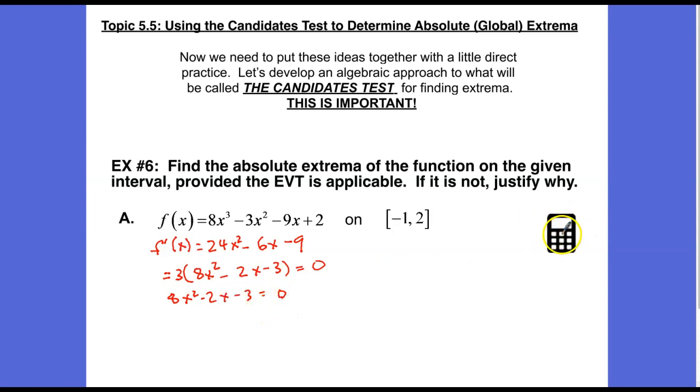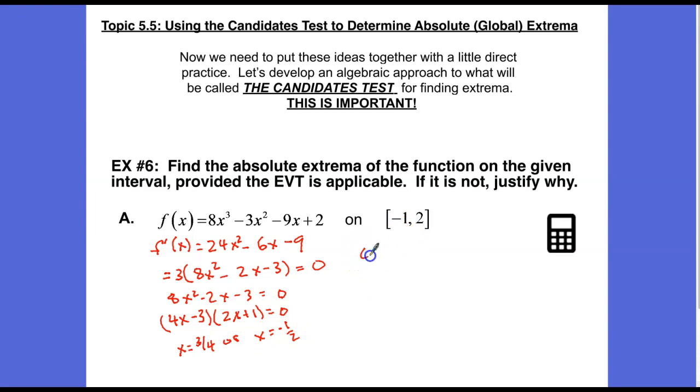This is a calculator problem, so you could find these roots on your calculator, or you could factor it using the AC method. If you factor it by hand, we end up with 4x minus 3 times 2x plus 1 equals 0. And then solving for x, we get x equals 3/4, or x equals -1/2.